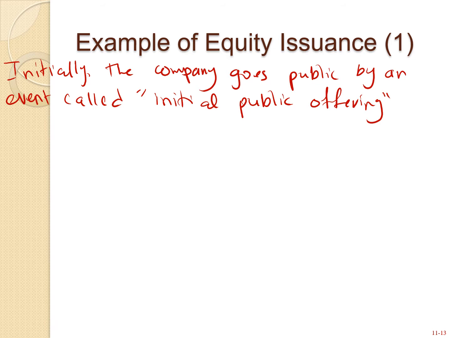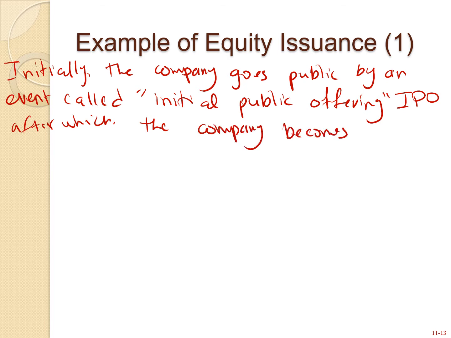As much as this CEO or founder is able to convince them, the higher the starting price. So the first time this happens is called an initial public offering, or IPO, after which the company becomes public. So it's no more a private company.